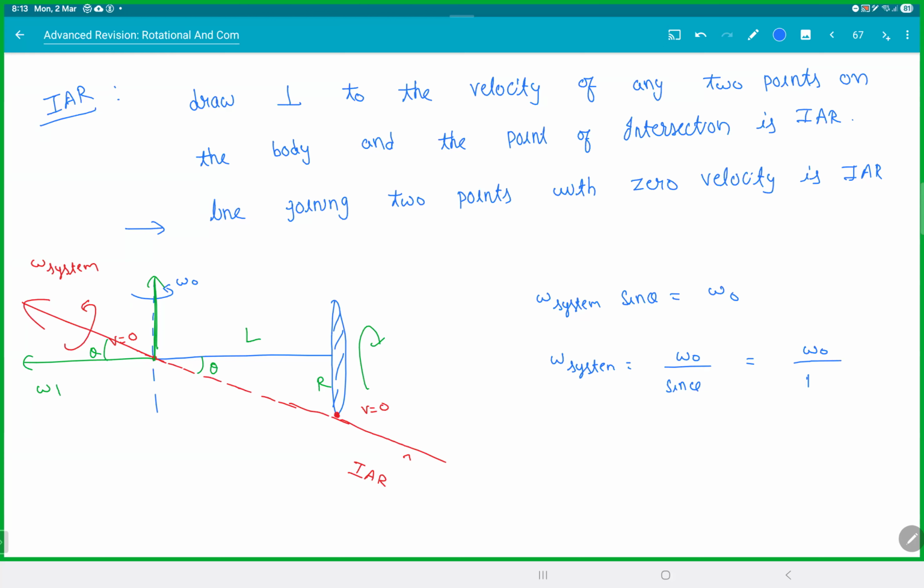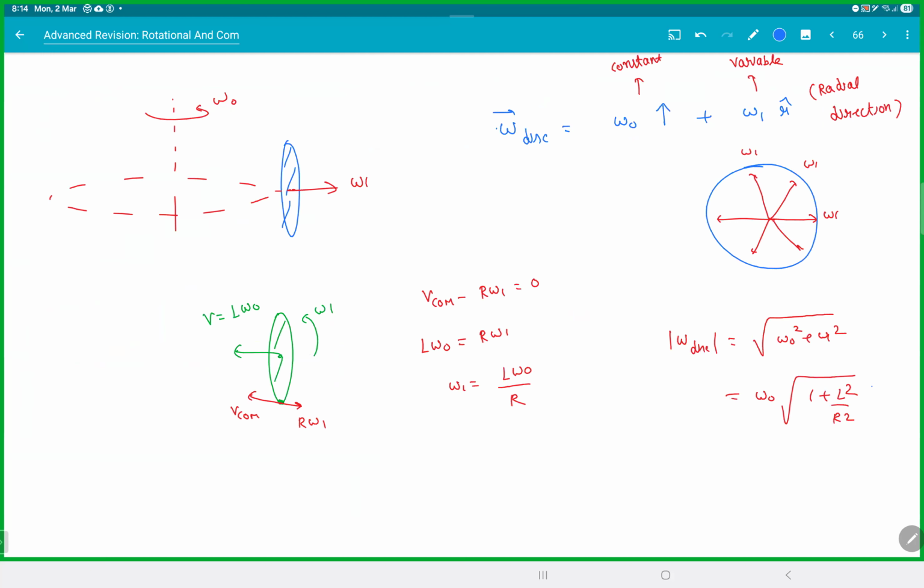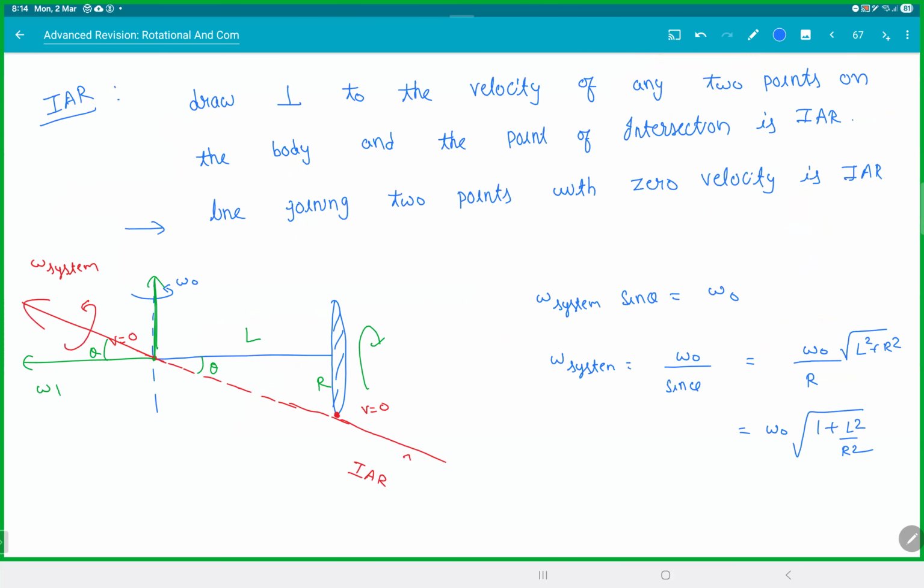Sine theta is opposite side R by hypotenuse, which is root over L square plus R square, so omega is omega naught into root over 1 plus L square by R square. Isn't that the same thing? So if you can find 2 points, you can directly finish off with the IAR there. Is that making sense?